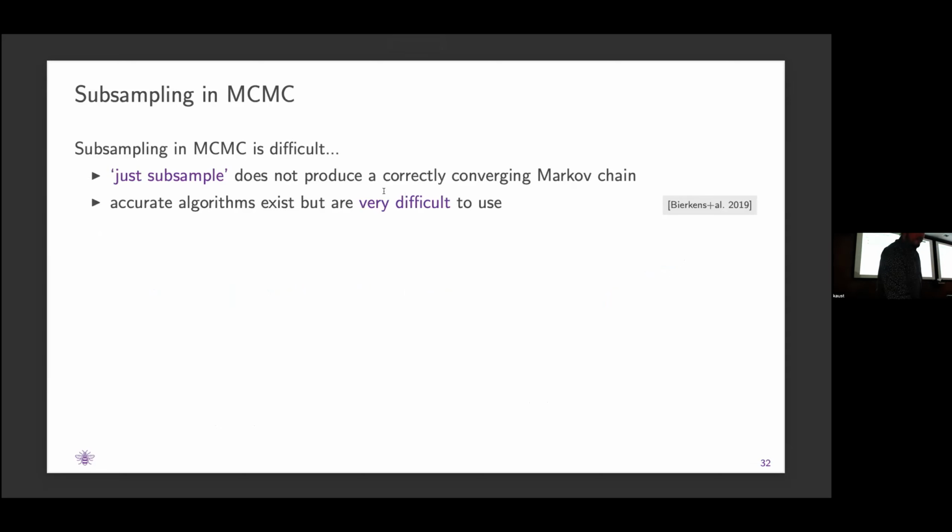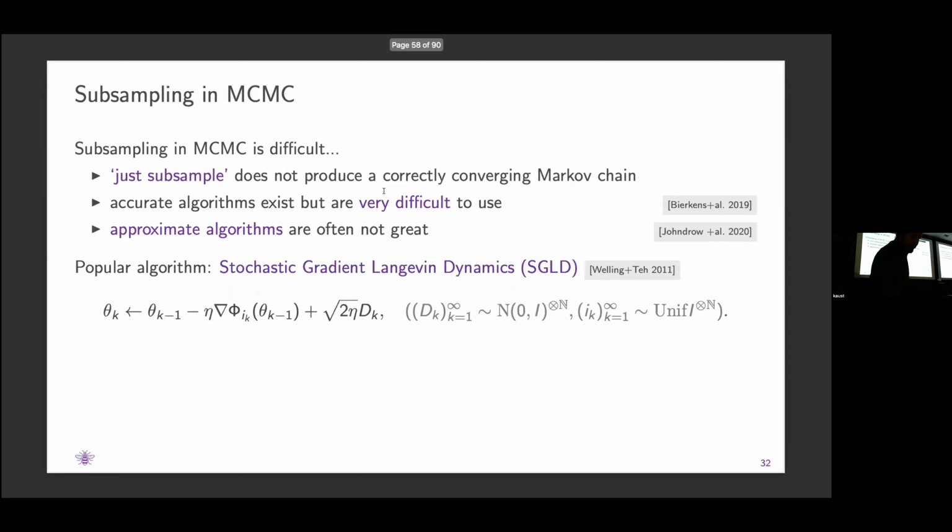Accurate algorithms are difficult to use. I just said this in the beginning already. And approximate algorithms are not always great. So we here look at an approximate algorithm and try to figure out whether they're great in continuous time, and we'll see whether that works or not. This sort of approximate algorithm is called Stochastic Gradient Langevin Dynamics.